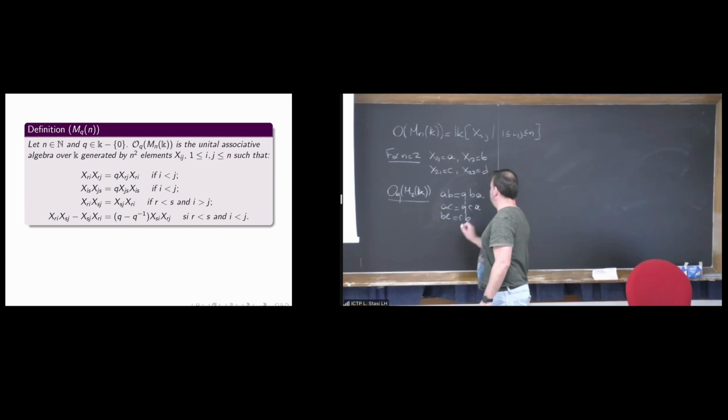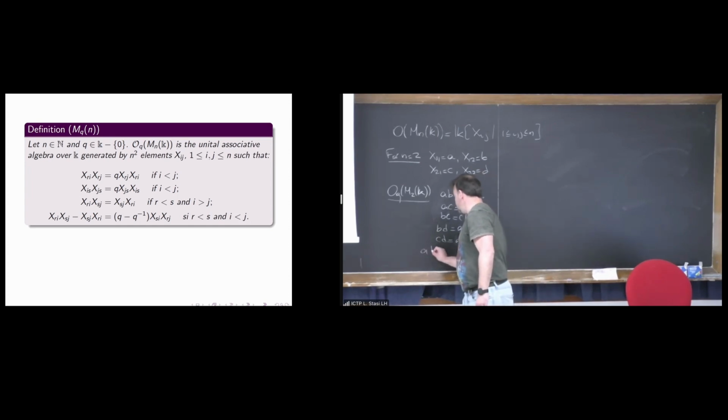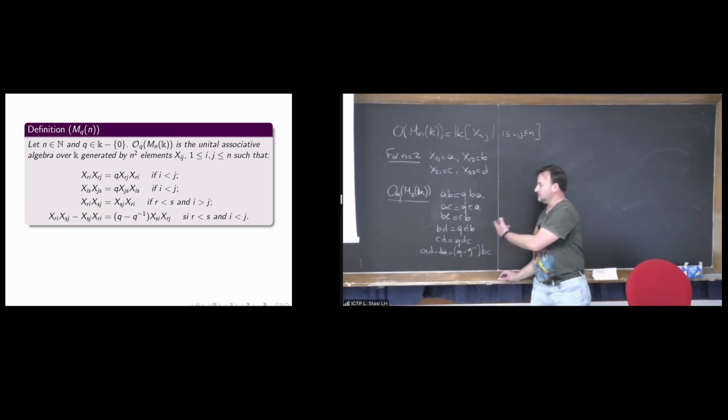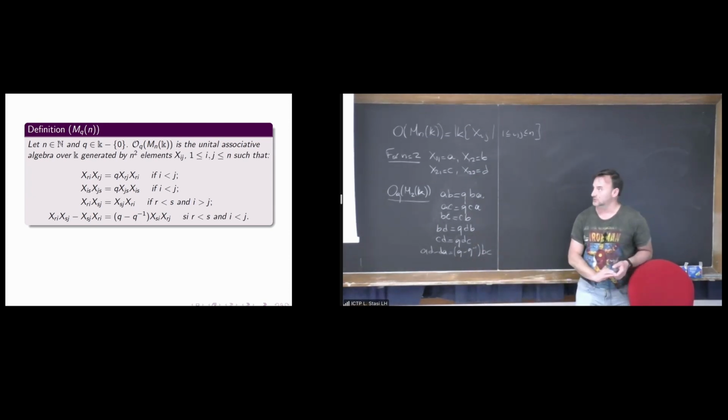BC is CB, they commute. BD is q DB. And CD is q DC. And the last one is AD minus DA equals (q minus q^-1) BC. So these are the relations for n equal to 2.